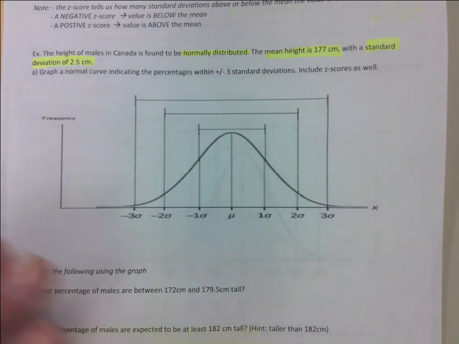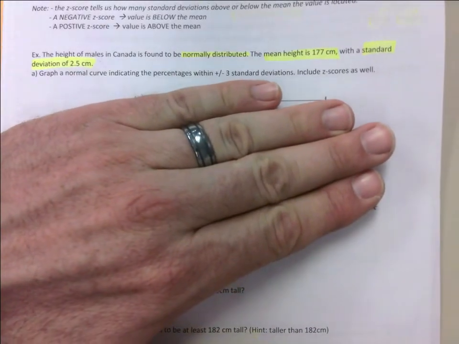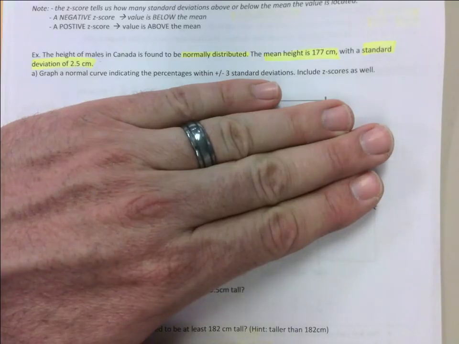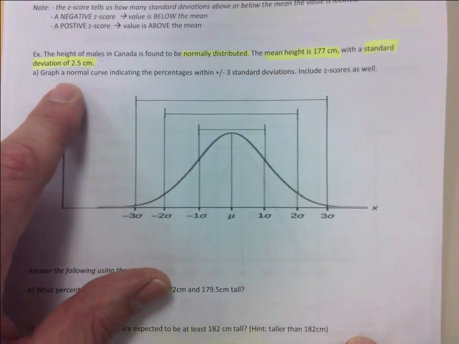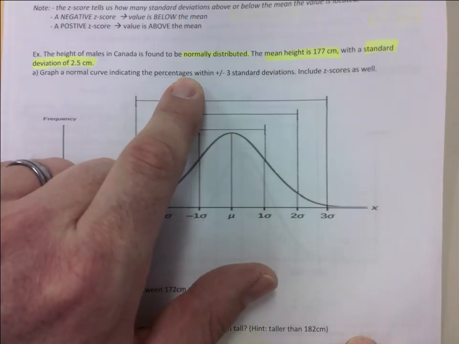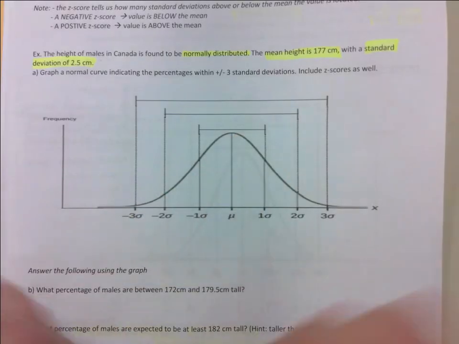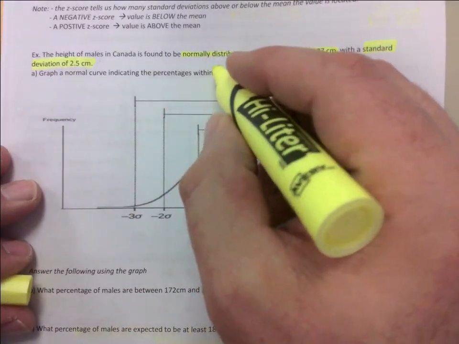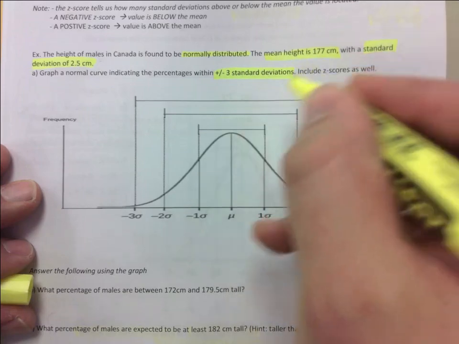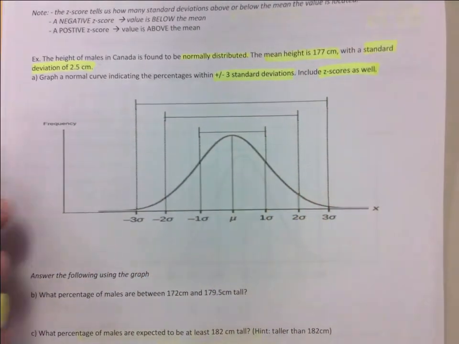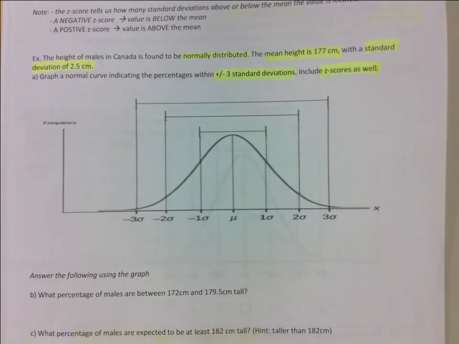I want you to, for a minute, pretend like this graph isn't there because you're soon going to have to make your own. Just imagine I'm asking you to graph this. Graph a normal curve indicating the percentages within plus or minus 3 standard deviations. It just means 3 standard deviations to the left and to the right. Include z-scores as well. So here we go.